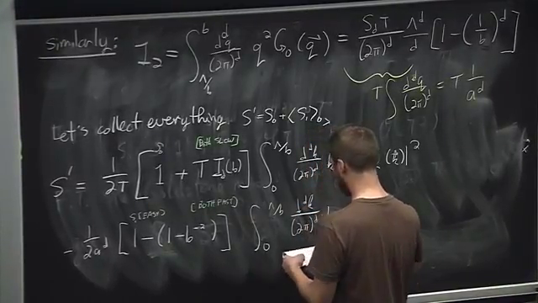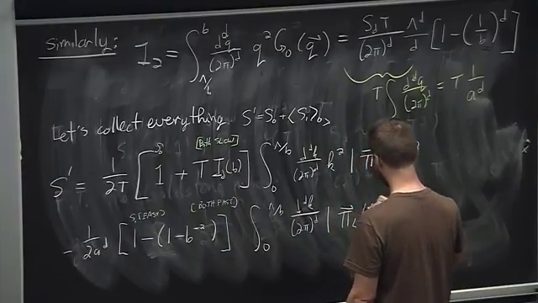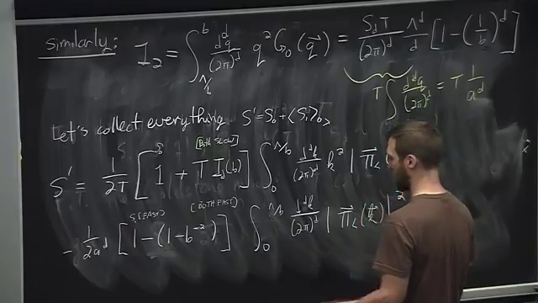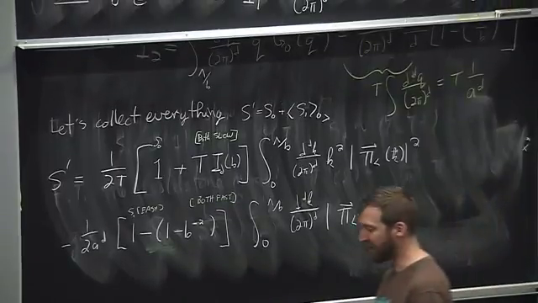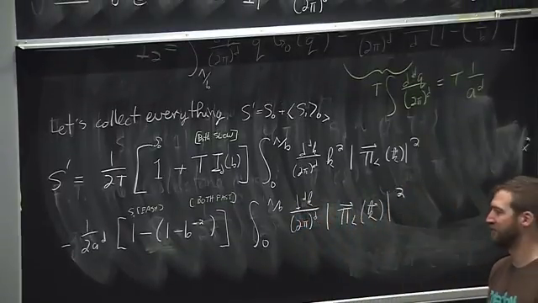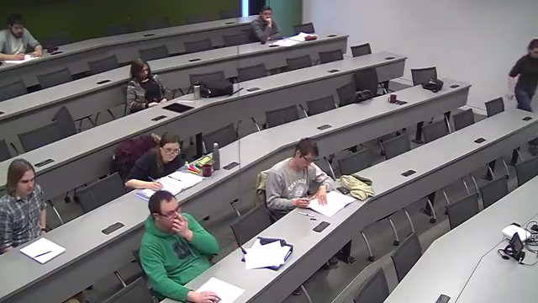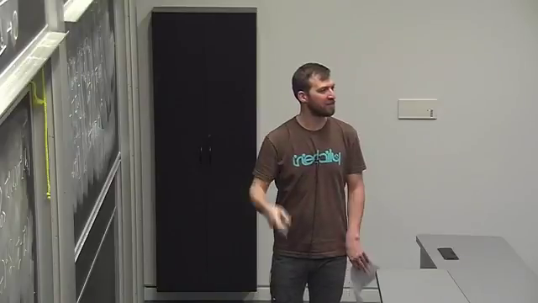That's it? Oh no, the fields. I forgot the fields. And then, what do we forget? What's the other term? Both fast, both slow. We have a piece that came from the log. We have a Gaussian piece.